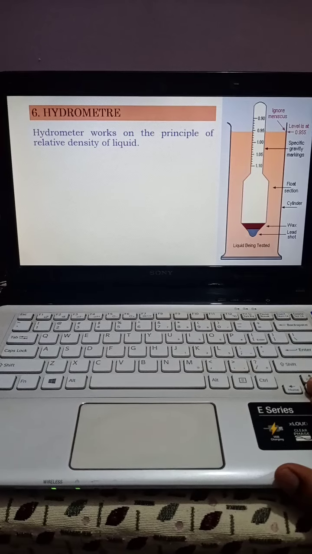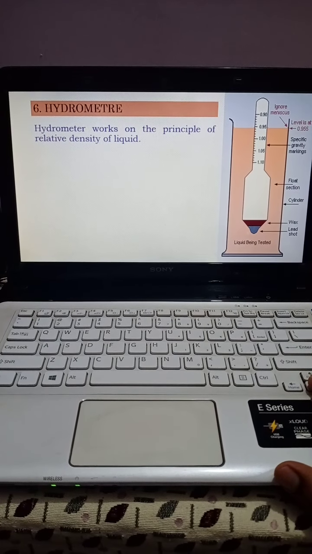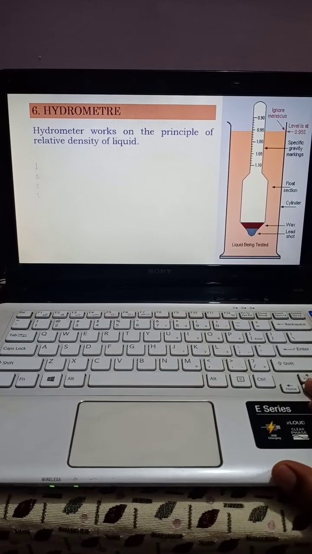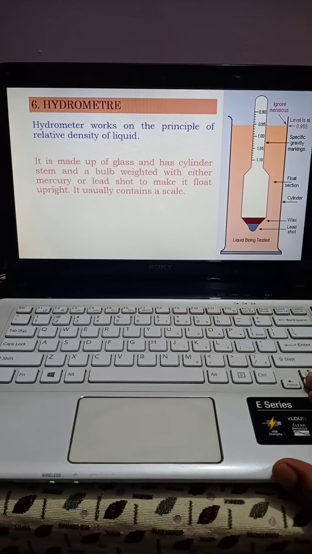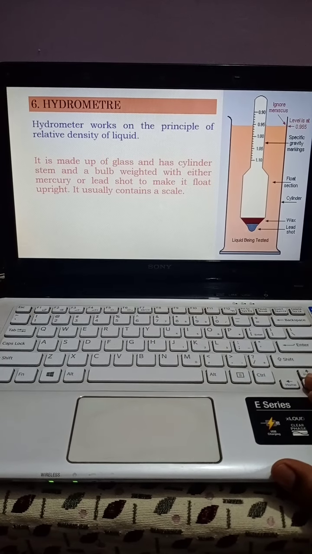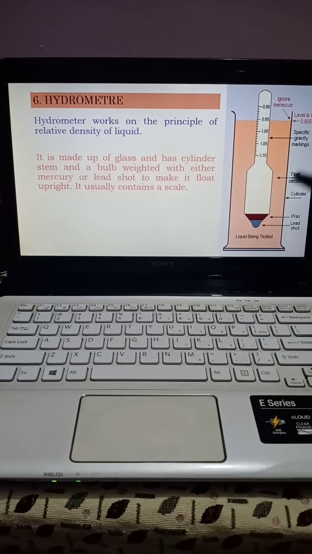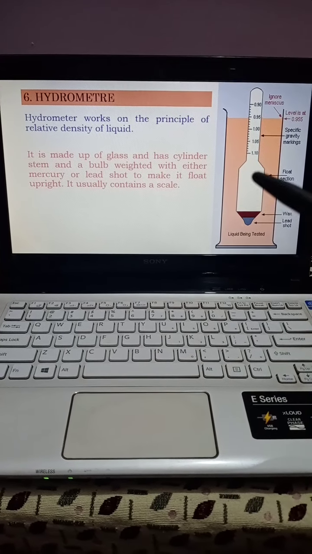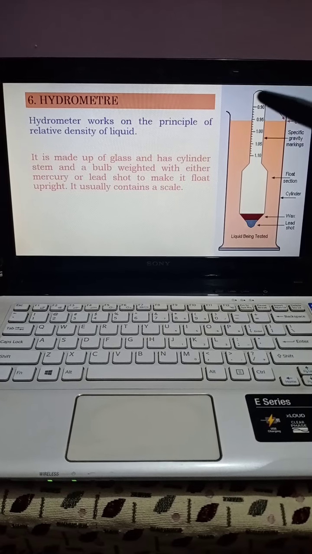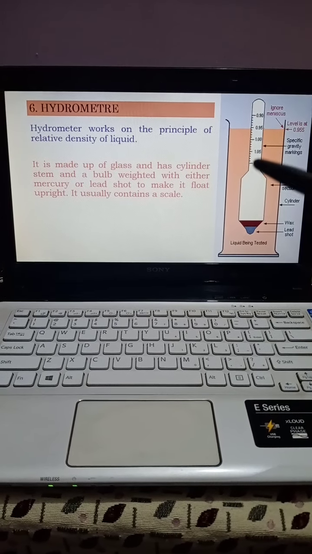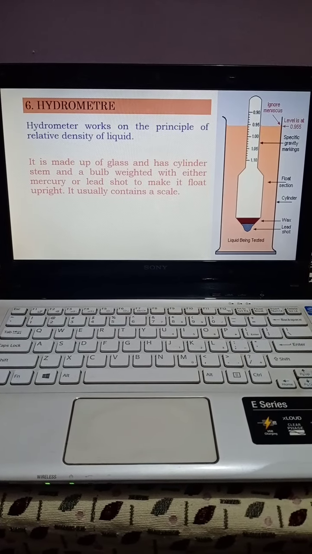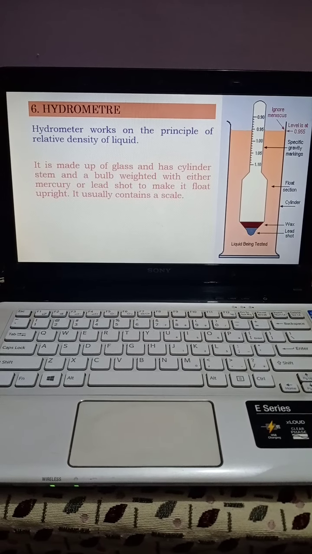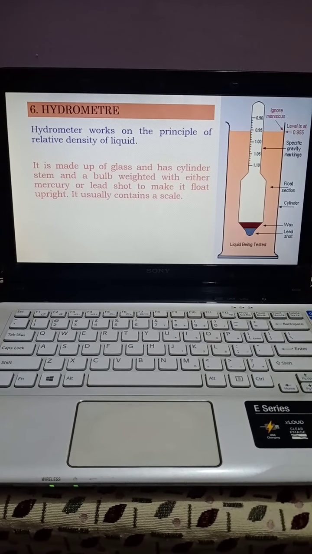So first one, hydrometer works on the principle of relative density of liquid. Second is the working. It is made up of glass. This hydrometer is made up of totally glass material and has a cylindrical stem. This part from here to here is called the stem, and has a bulb weighted with either mercury or lead salt.